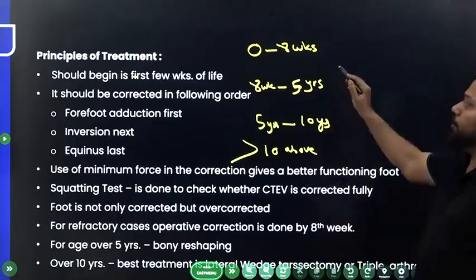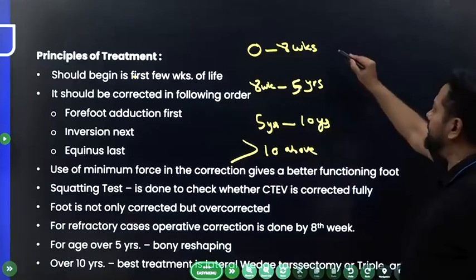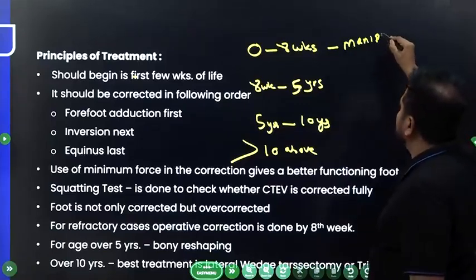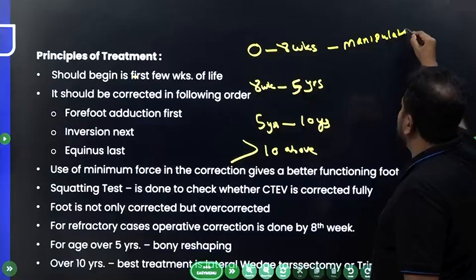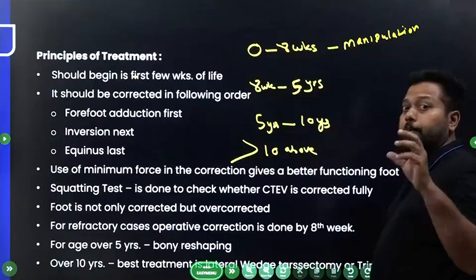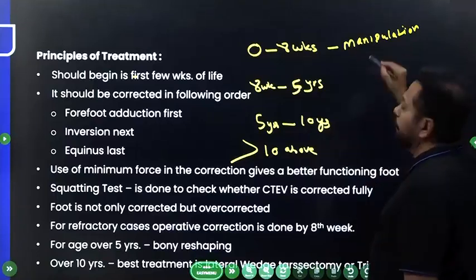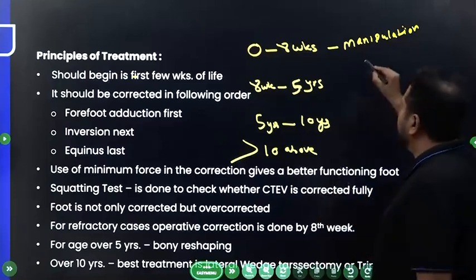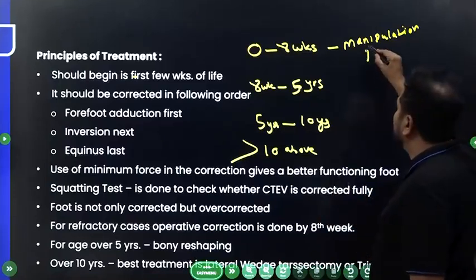From birth till 8 weeks, manipulation by mother. Mother has to manipulate. An orthopedician or physiotherapist will teach the mother how to manipulate. Then after correction, an orthopedician will put the baby on what? POP, that is called Ponseti's method.